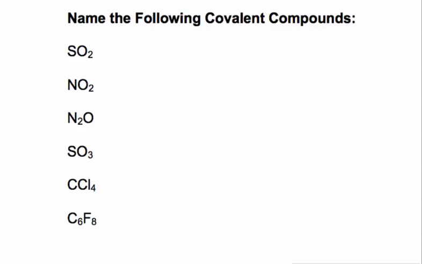Let's practice naming covalent compounds. We have SO2 as our first example. So S is sulfur. And because it's the first element, we don't use the prefix mono. So it's sulfur.